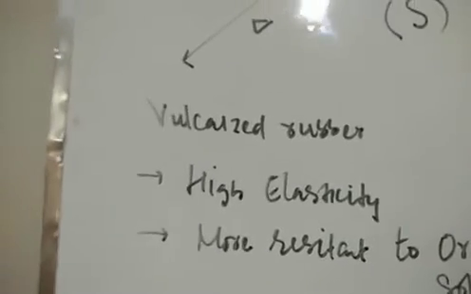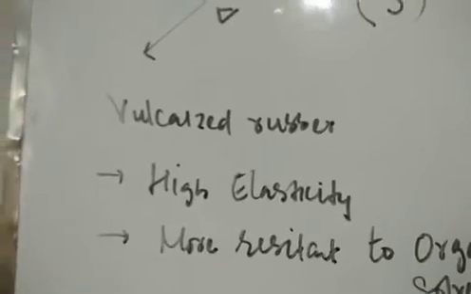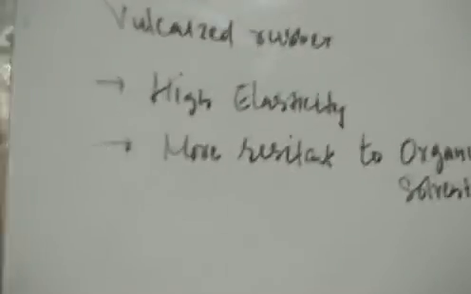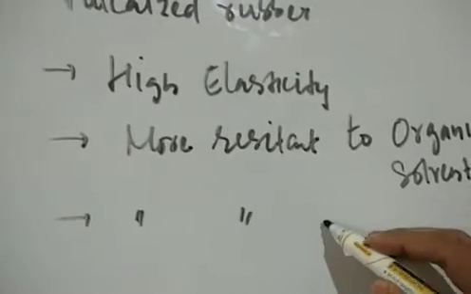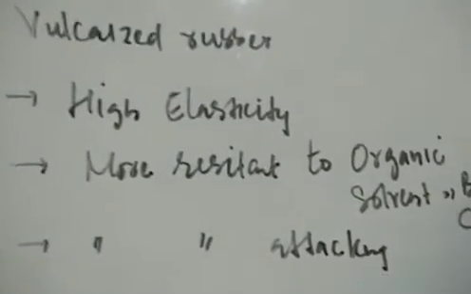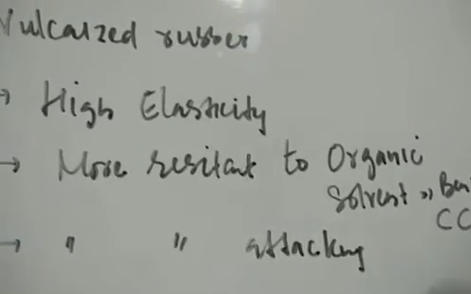So this is also one of its properties. Likewise, it becomes more resistant to attack by oxidizing agents, because oxidizing agents attack it and destroy the properties of rubber, converting it into something else.